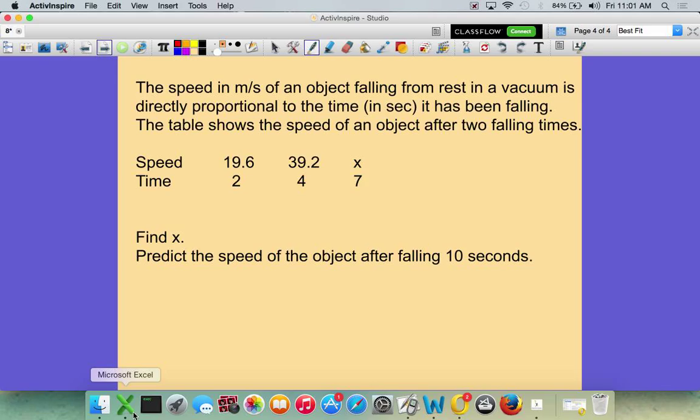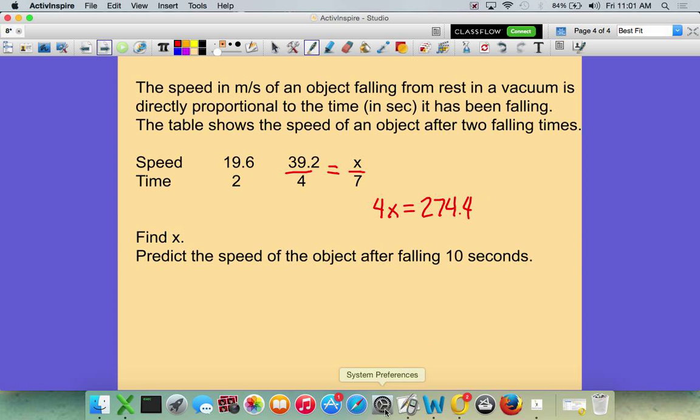Well, as we've been talking about here, these are all proportions, so why couldn't we just set up a proportion there to be able to solve this problem? So we would have 4x equals 39.2 times 7, which is 274.4.